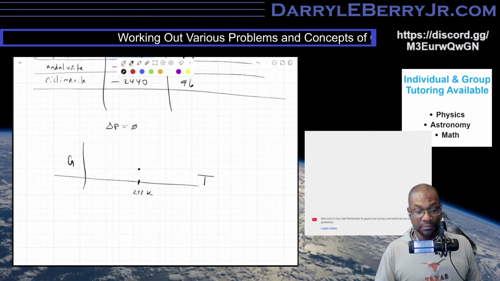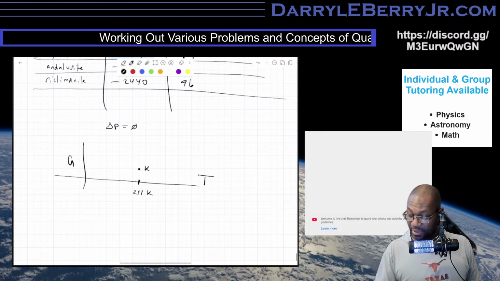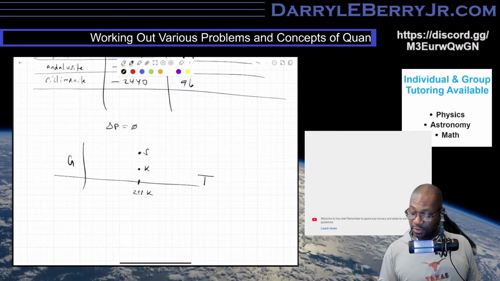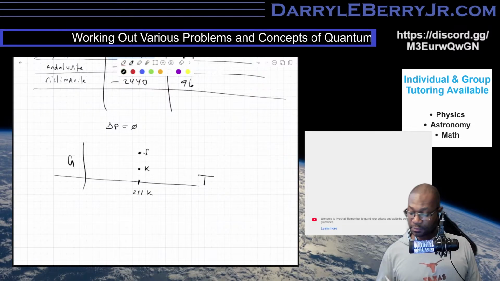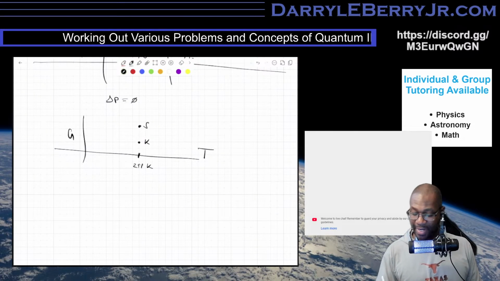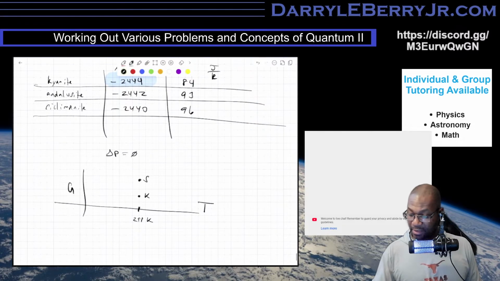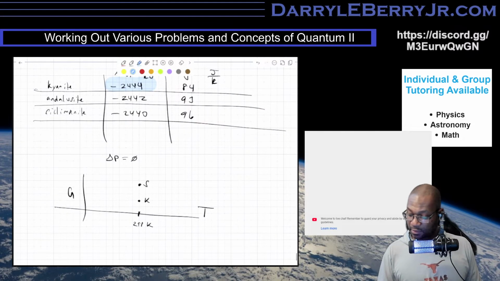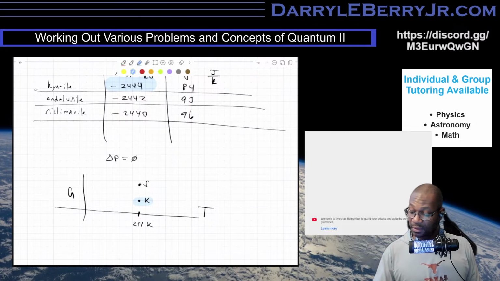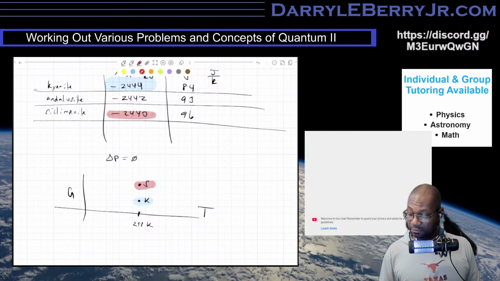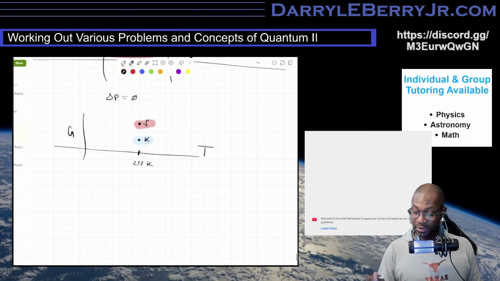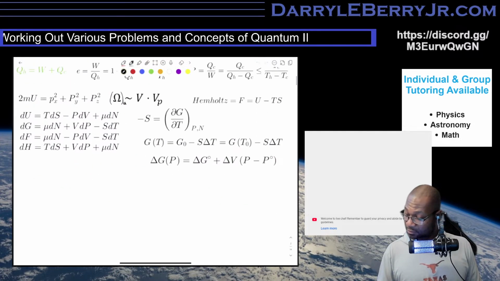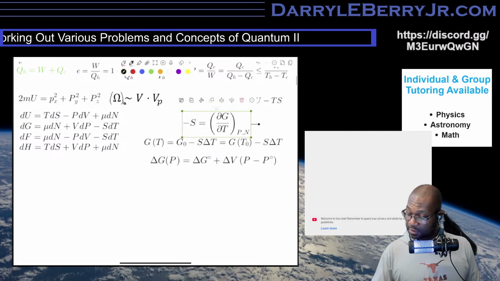So we put the kyanite here, the sillimanite will be here as far as the plotting of the relative values for G, since we see that it's -2444 for K and -2440 for S at that temperature. And the formula for the scenario is this.